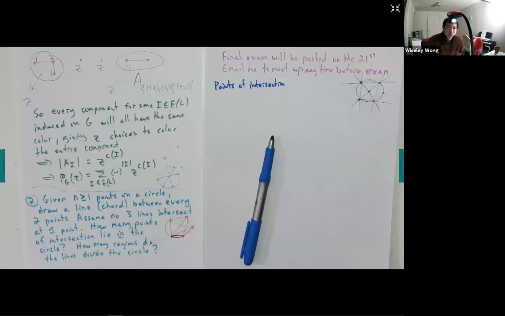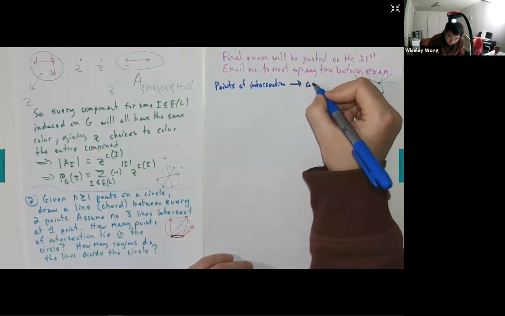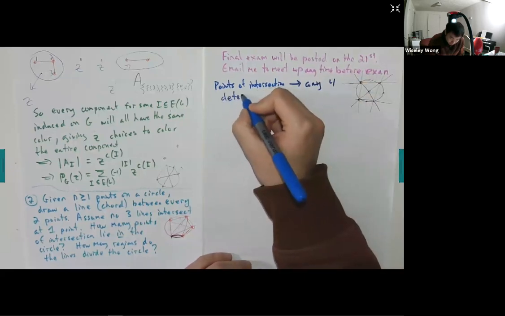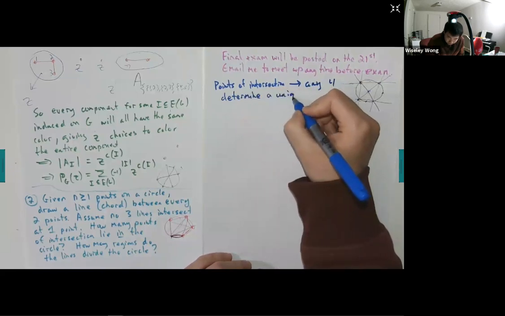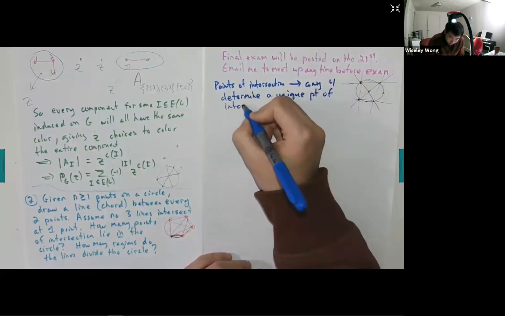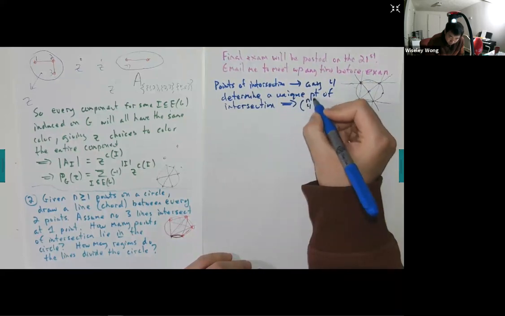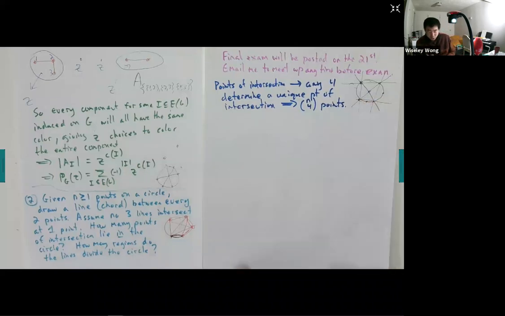So out of the n points, if I choose any 4, I'm getting a point of intersection. So there's n choose 4 points of intersection.